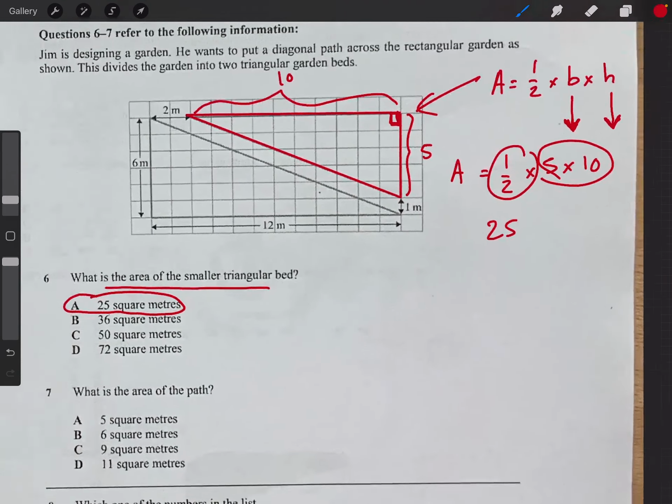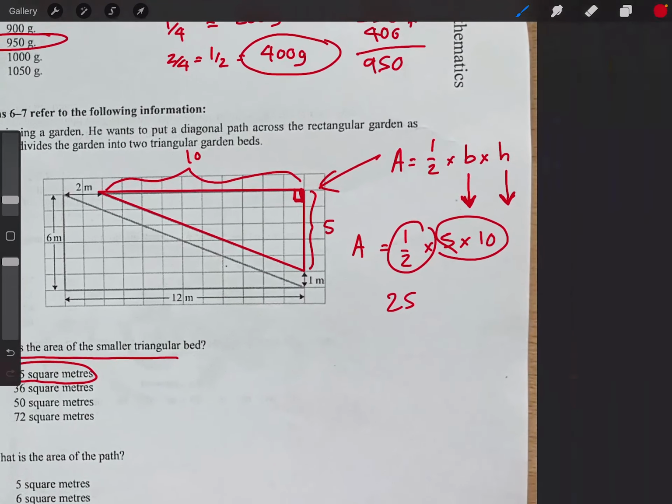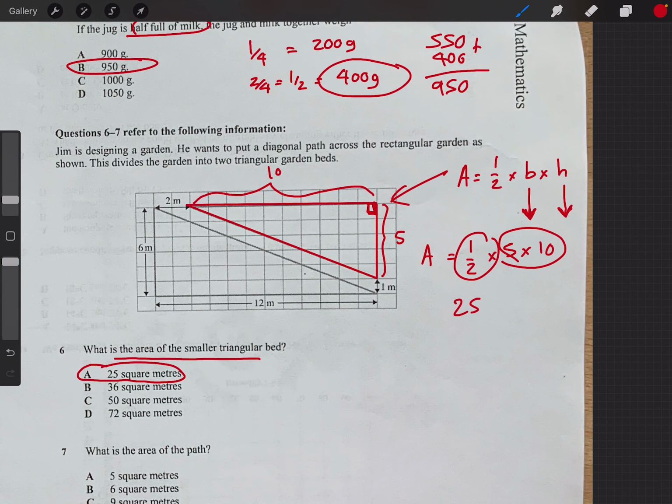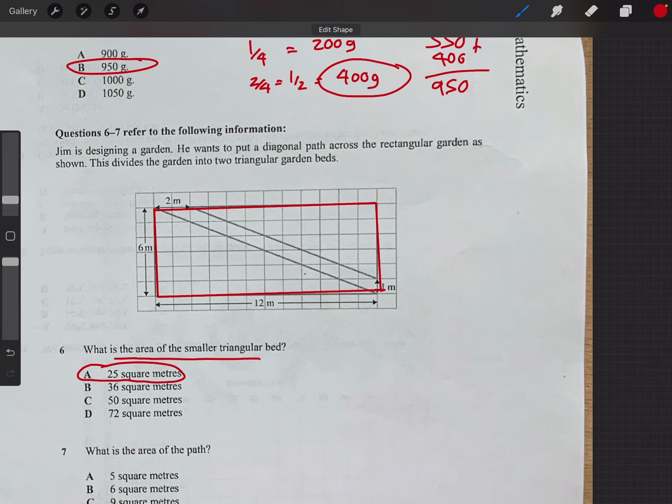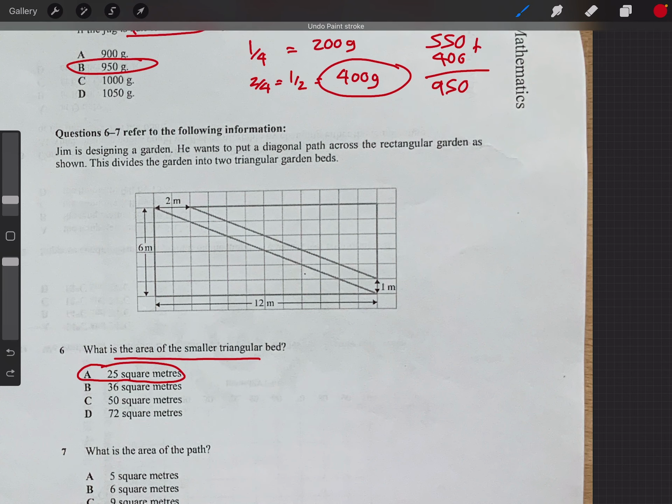What is the area of the path? I might have to show you how to do this one. Let me just get rid of this. To find the area of this path, I'm going to find the area of... that didn't go too well. Let me try again.